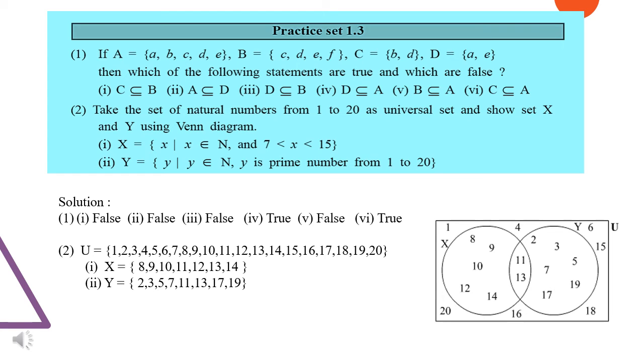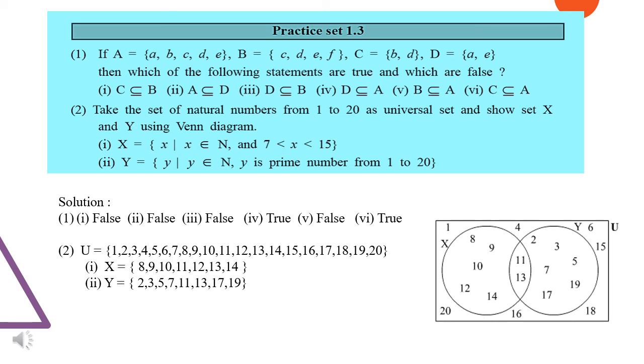No. So it is false. And the last one. C is a subset of A. Check if all the elements of C are present in A. Yes. So it is true. So this is how we check if the given statements are true or false. So we look at the elements and we compare and we check.